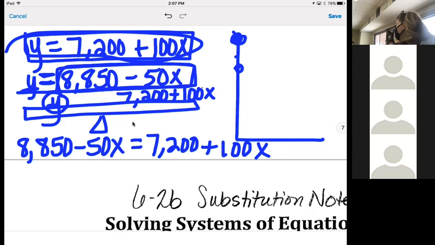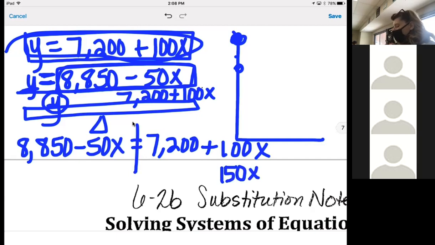We're changing out something that's equal to something else so that we can solve it, because we're turning it into an equation with just one type of variable instead of both x's and y's. Now I could go ahead and solve this out, but I'm not going to take the time to do it. Well, maybe I will: we'd add 50 to both sides, which would give us 150x over here.